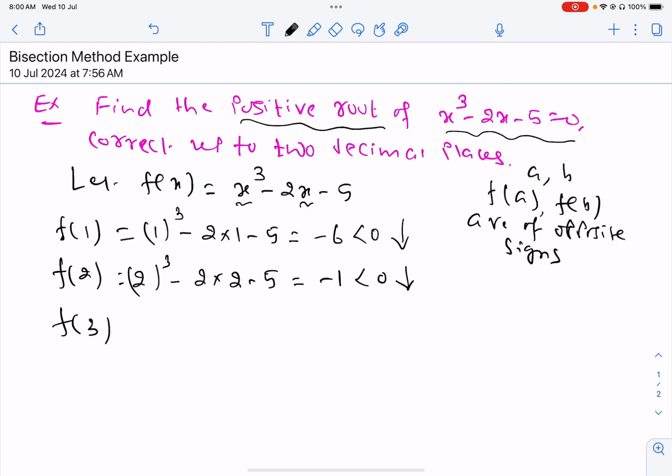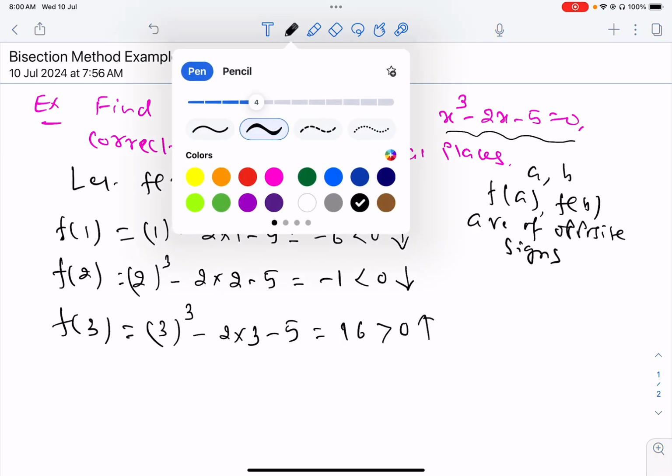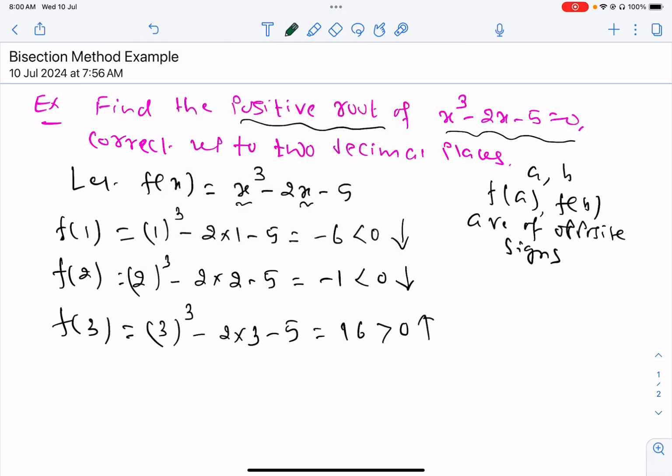Let us find f of 3. So that is 3 cube minus 2 into 3 minus 5, and so this is 16. So it is positive, and now we have two numbers a and b where f(a) and f(b) are of opposite signs. So we have 2 and 3.